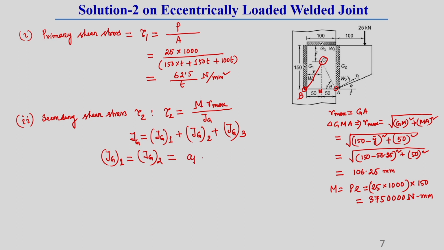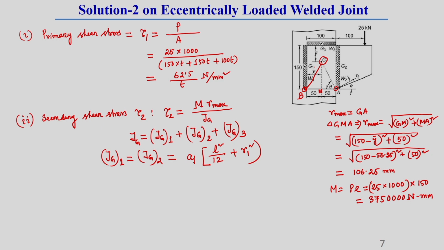So, here the Jg1 or Jg2 will be the area of that weld about this throat cross section, because we are calculating the polar moment of inertia of all throat cross sectional area of weld. That is why here we are considering this throat cross sectional area of weld 1 or 2, both have the same cross section, that is why A1 I have written, into the length of weld 1 or 2, L square by 12, plus R1 square. What should be the R1 square?